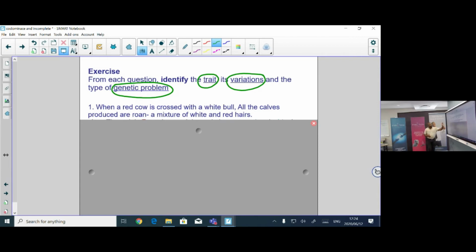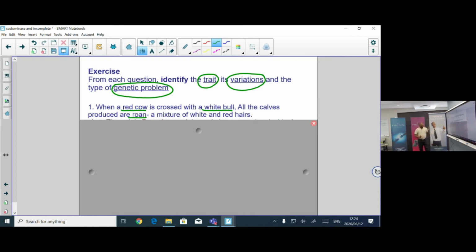When a red cow is crossed with a white bull, all the calves produced are roan. Remember, this question is summarizing complete dominance, codominance, and incomplete dominance.